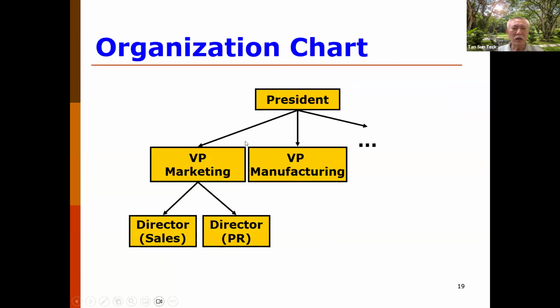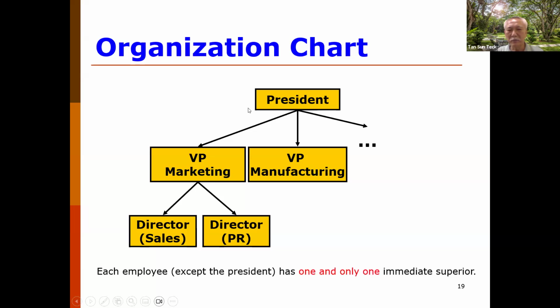Organization charts. For example, in a big company, you have the boss of the company, and under it you have the vice president of marketing, the vice president of manufacturing, and then under the marketing you have the director and so on. Below that you have the manager, and then the worker. This is the organization chart, and you can use a tree structure to represent this information, because this is basically hierarchical in nature.